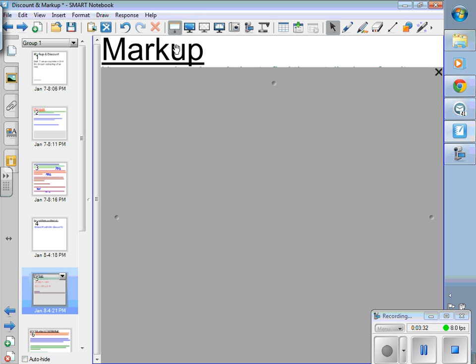Markup. Okay, so we just did discount. You guys remember discount's like finding a sale. It's taking something off of the original price. Hopefully you remember from our previous work that markup is when you increase an original price.